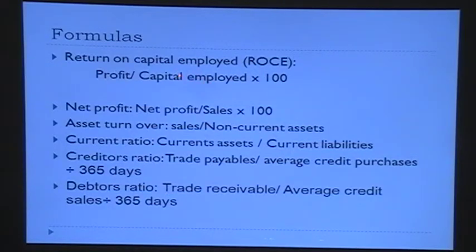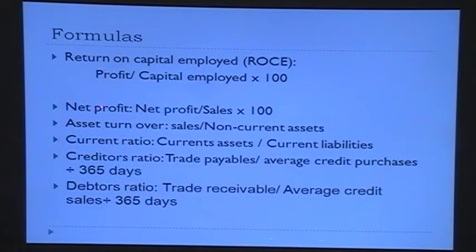In some cases it can be calculated as the total asset or the net asset. In some situations, the capital employed can be regarded as the owner's equity. The figure will tell us if the company is making profit in the short or long run.